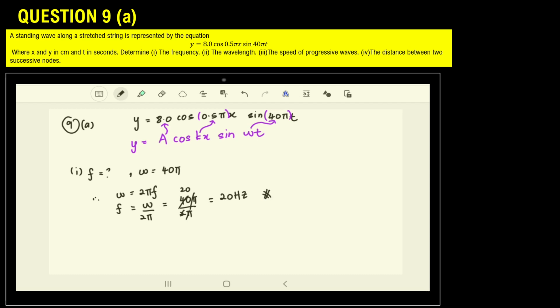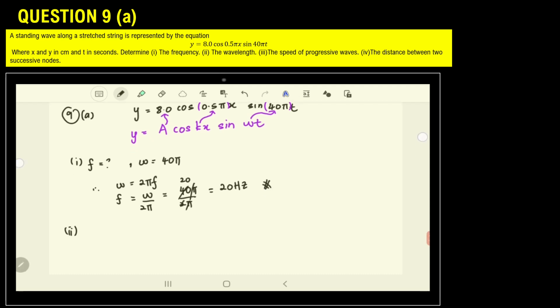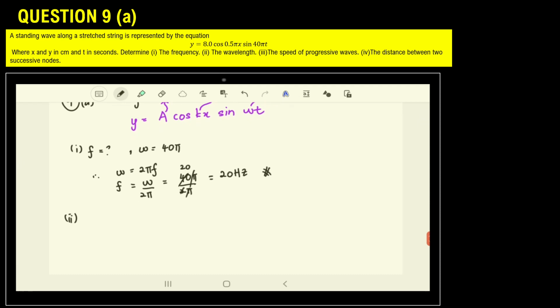Second, we want to find the wavelength. When we want to find the wavelength, lambda, remember that k is equal to 2 pi over lambda. Looking at the equation, k is equal to 0.5 pi per meter.